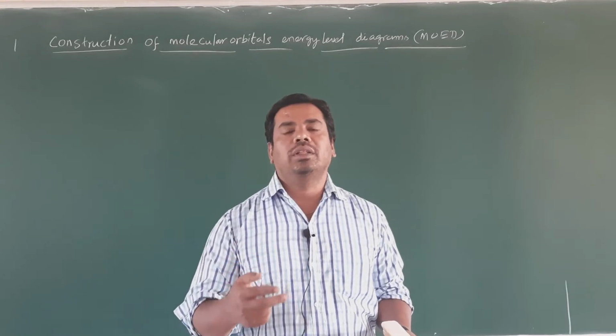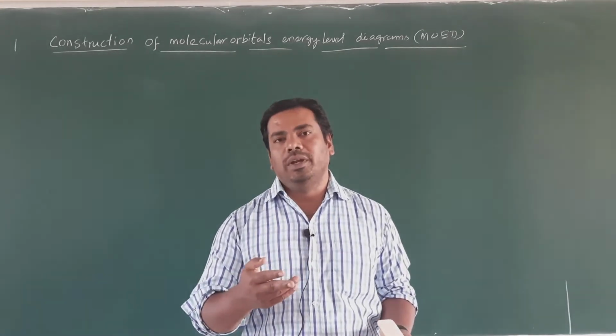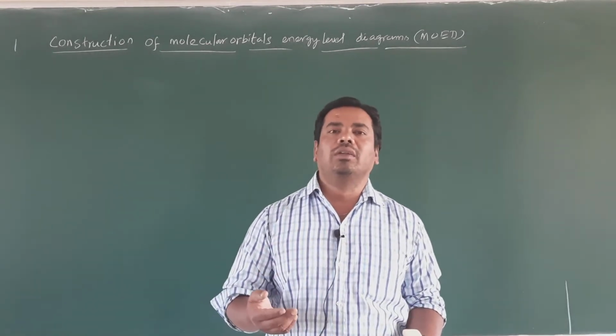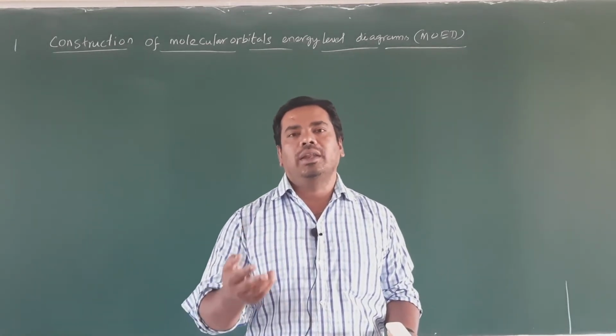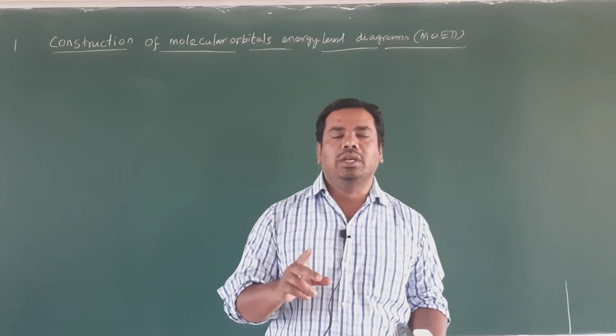Clear? Generally, the bonding molecular orbital has lower energy than the atomic orbital, and the anti-bonding molecular orbital has higher energy than the atomic orbital. So you can keep these things in mind.